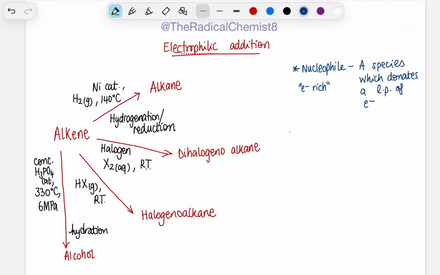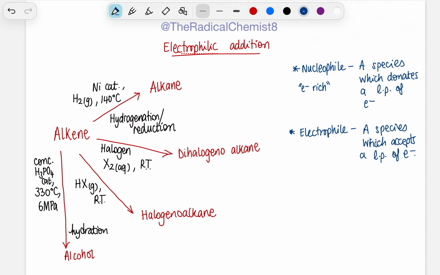Then you need to know what an electrophile is. So this is a species which accepts a lone pair of electrons.